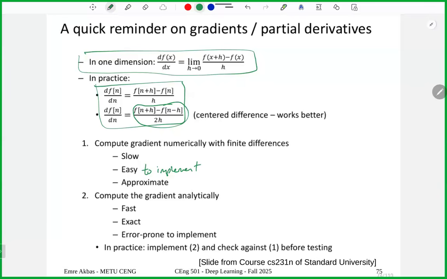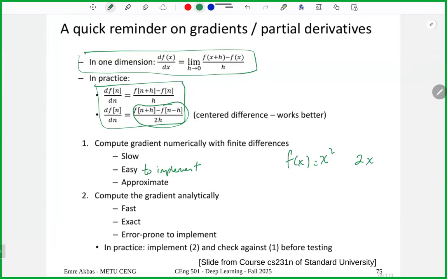So it has disadvantages. On the other hand, if you compute the derivative analytically on paper, if your cost function is something like this, you know that the derivative will be 2x. This is the analytical computation.